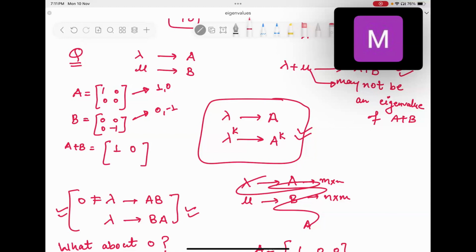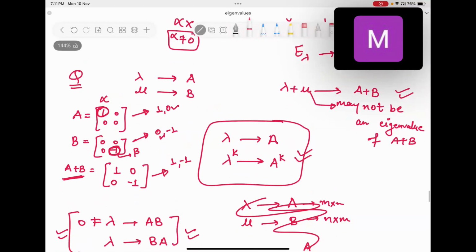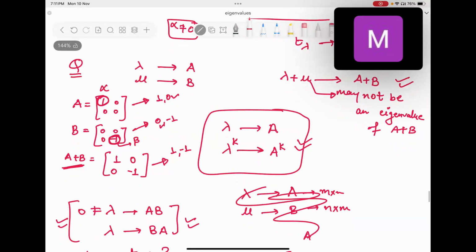It's (1 0; 0 -1). Now, what are the eigenvalues of A plus B? 1 and minus 1. Now, at the place of minus 1 you can take any number, and at the place of 1 you can take any number. You take alpha, so the eigenvalues will be alpha and 0. If you take beta, then eigenvalues will be alpha and beta. So if you take 0 and 0, 0 is an eigenvalue of A, 0 is an eigenvalue of B, but 0 plus 0, that is 0, is not an eigenvalue of A plus B. So for addition, it will not hold, and this will always hold.